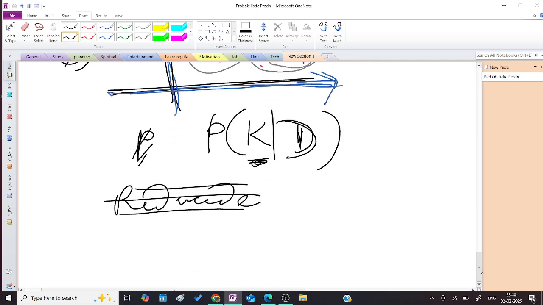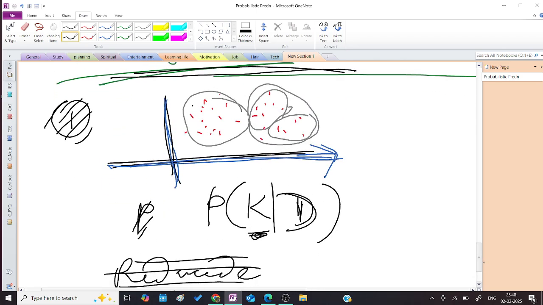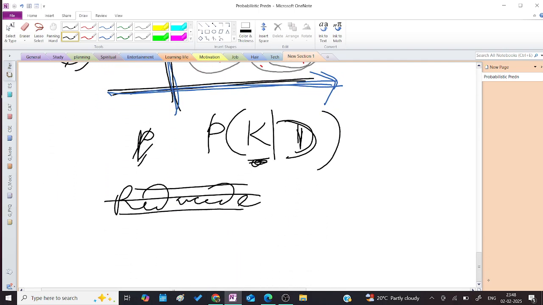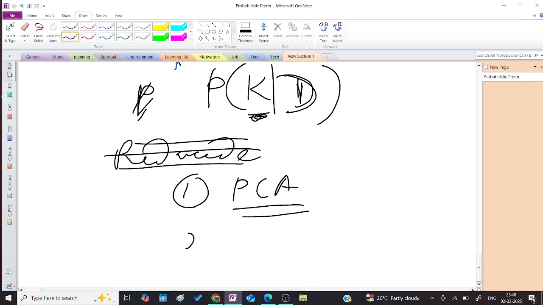Okay, so if we can reduce the dimension of these points, then it will be much easier for us to compute, right? Because we all know. Okay, so how can we reduce the dimension using PCA? Principal component analysis.